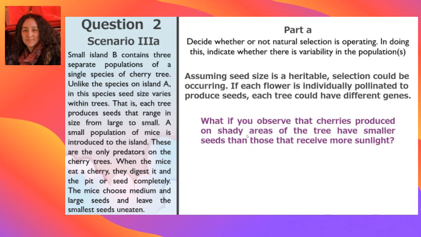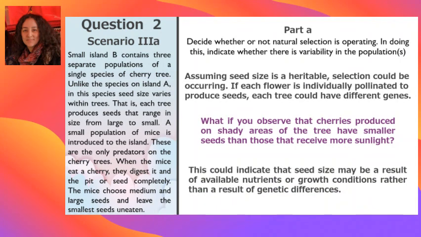So what if we had this other observation here? What if we observed that cherries produced on shady areas of the tree have smaller seeds than those that receive more sunlight? So beyond our assumption that seed size is heritable, we actually now have this observation. We are seeing that the more sunlight an area of the tree receives, the larger the seeds are in that area.